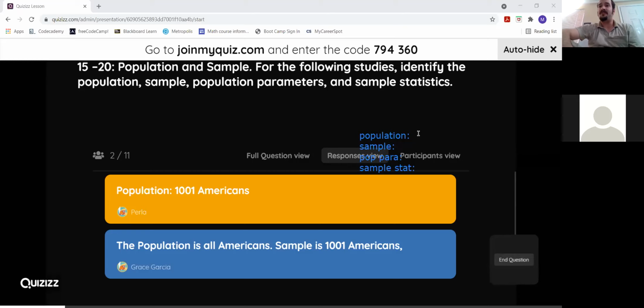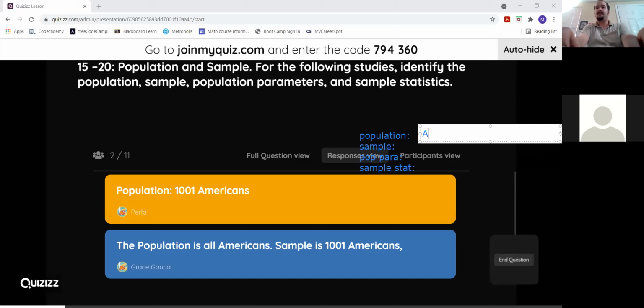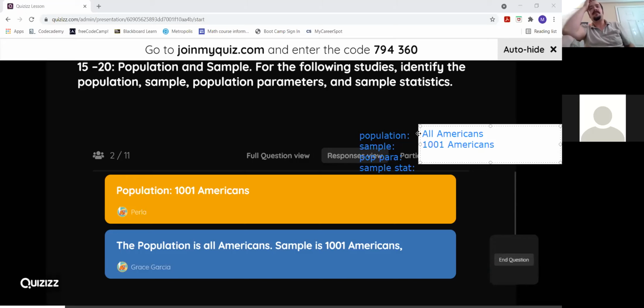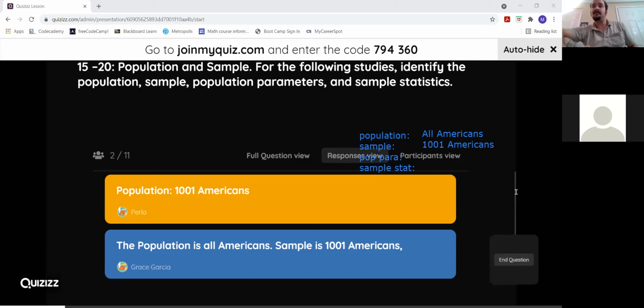So the population is all Americans. The sample is the 1,001 Americans. And what's the population parameter, and what's the sample statistic? That's the next two that need answering.